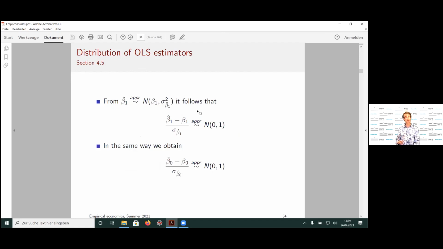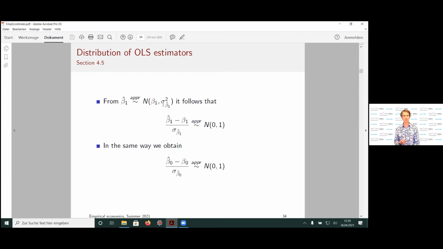All right, so if beta 1 hat has an approximately normal distribution with expectation beta 1 and this variance here, then we can do standardization. And we've also talked about standardization in statistics 2. Standardizing a random variable means that we first subtract its expectation, and then we divide this difference by the standard deviation.